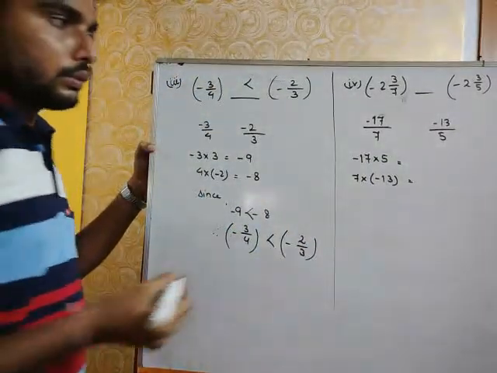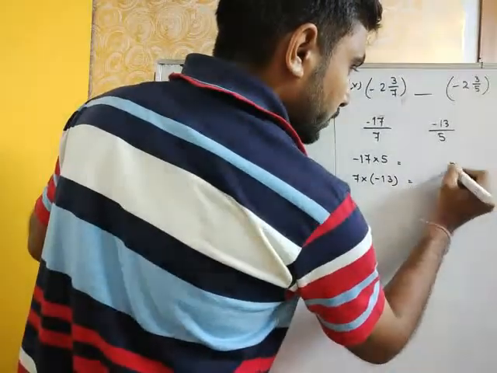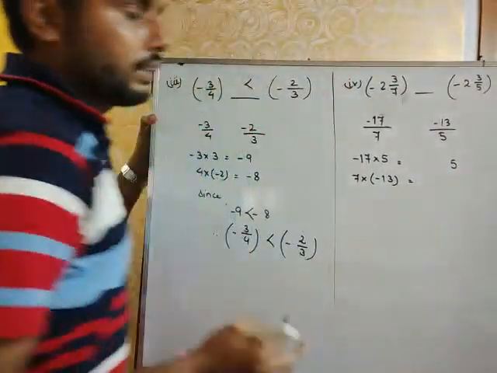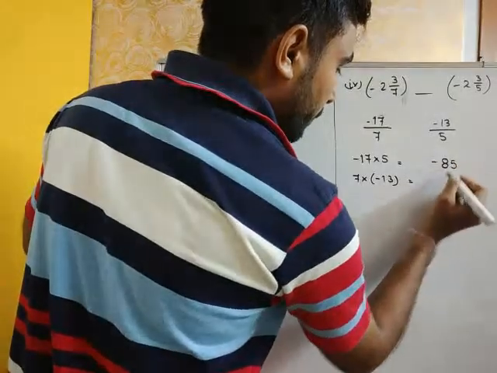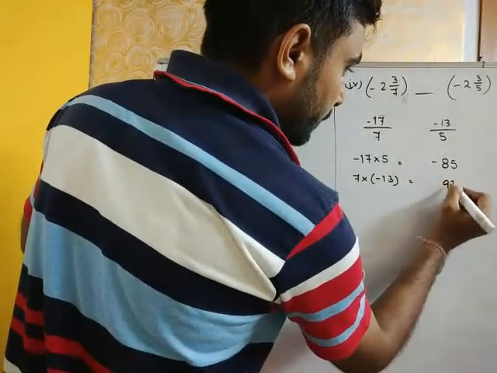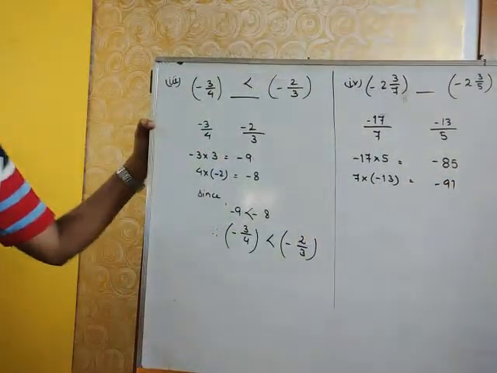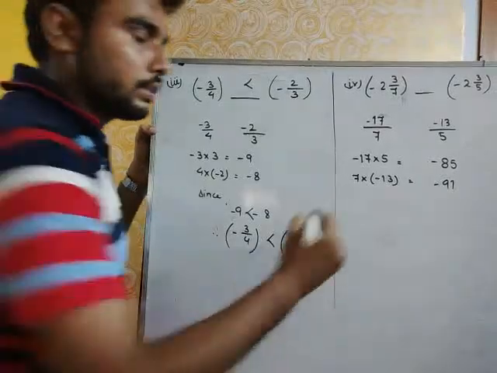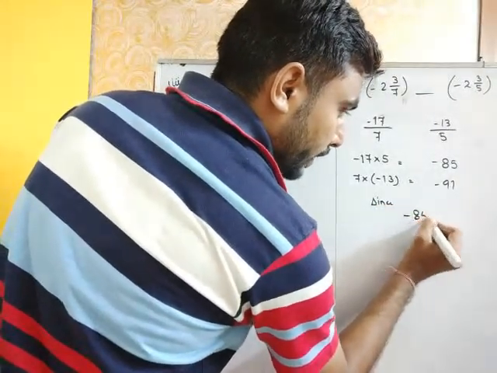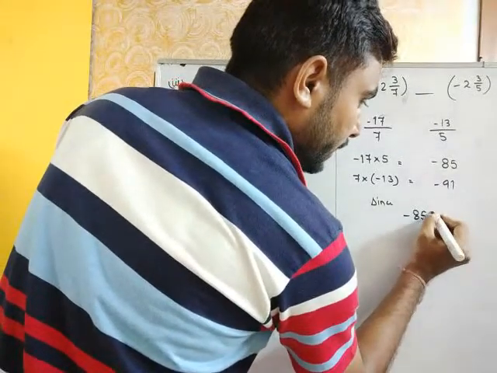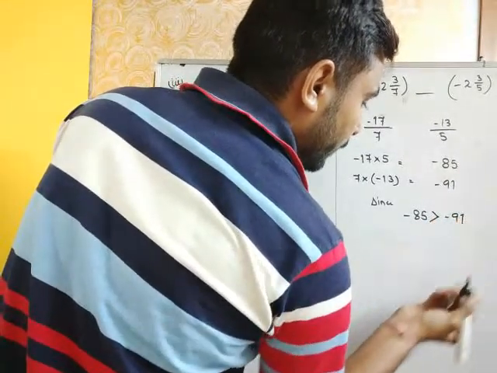Okay, so 7 into 13, 5 times 7 is 35, carry 3, and 7 into 1 is 7, 7 and 3 is 10, so it will be 91, and 5 into 17 is 85, with the minus sign. So you can see minus 85 will be greater than minus 91.